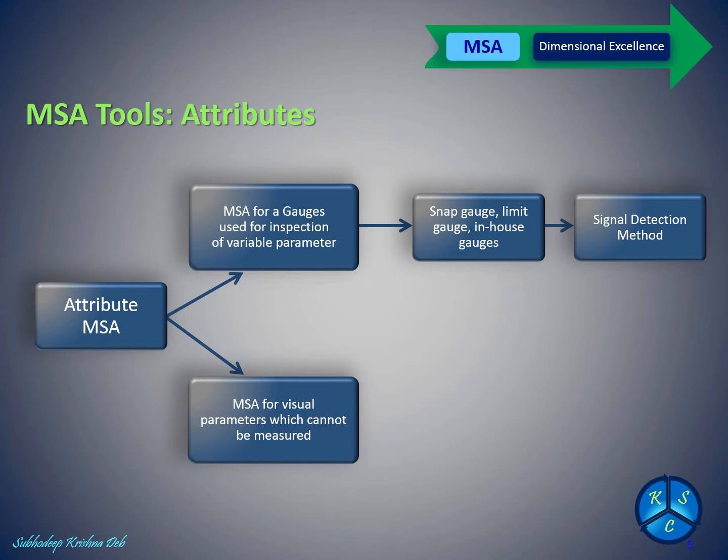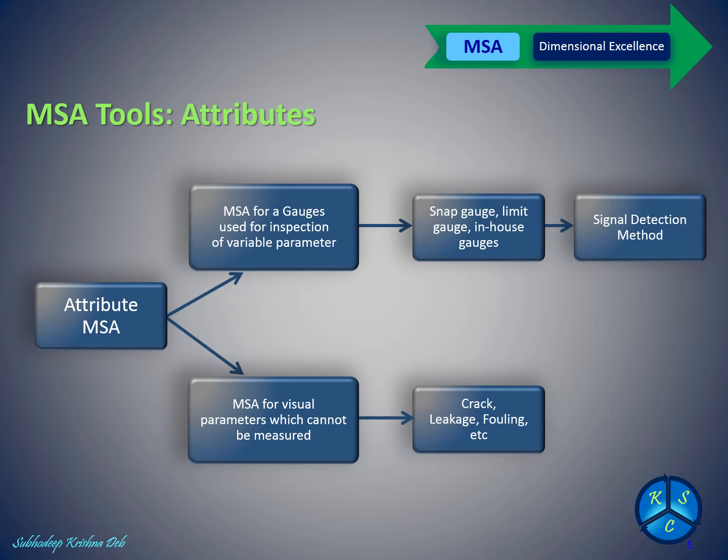Now, besides this, there are methods for studying the parameters which we cannot measure, like the qualitative parameters that we have seen also. These are parameters like crack, leakage, fouling, dent, and rust.